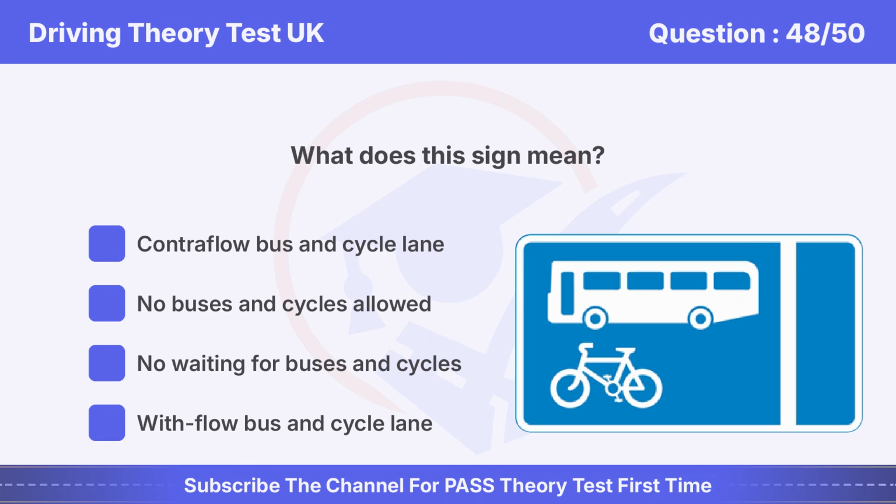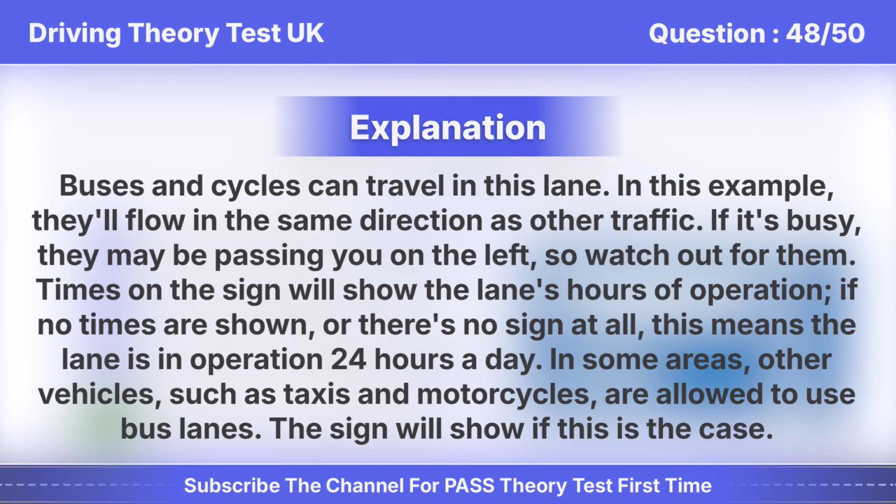Question 48. What does this sign mean? Answer is D. With flow bus and cycle lane. Buses and cycles can travel in this lane. In this example, they'll flow in the same direction as other traffic.